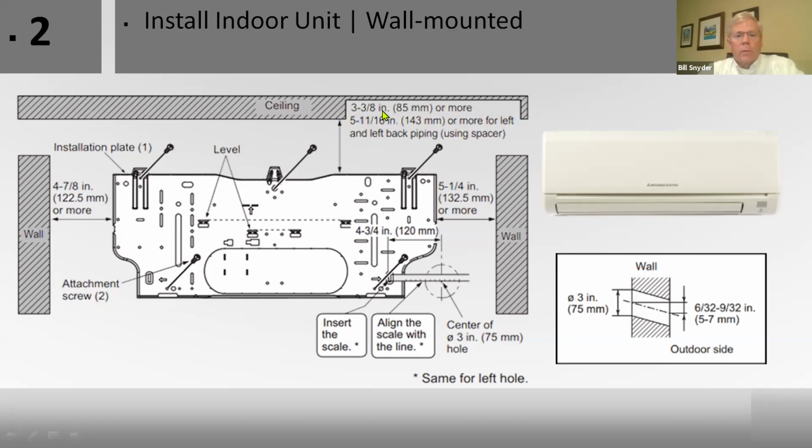In this case, it says the minimum height between the edge here and the ceiling is 3 5/8 or more, and 5 11/16 or more from the left side, and it'll tell you in here 5 1/4 from the right. They're saying from the wall here to the edge of this is 5 1/4, because this is going to overhang, and you can actually mount it up against the wall.